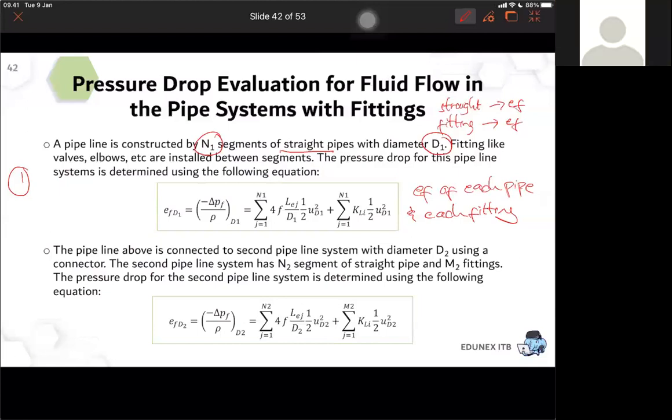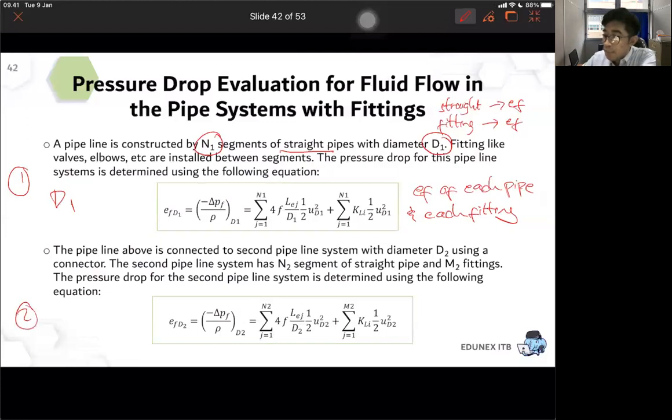Since there are only two different diameters of pipes, there's only one fitting in this case. No, for example, we have two segments. Each segment consists of several pipes and several fittings, but each segment has a different diameter. Segment 1 is D1 and segment 2 is D2. D1 will be different from D2, but within the same segment, all have the same diameter.